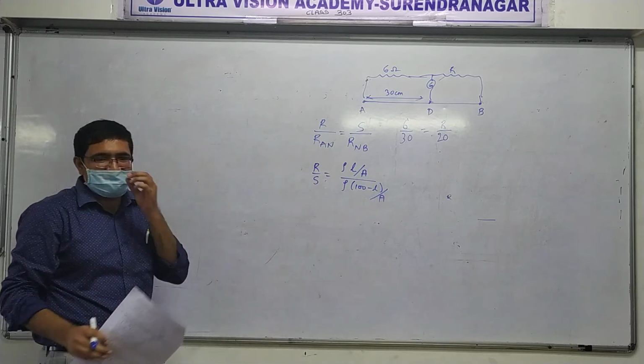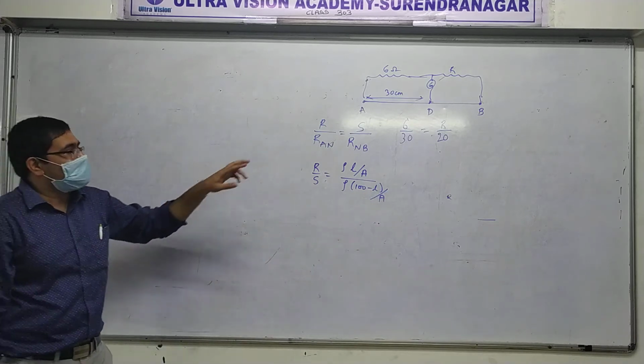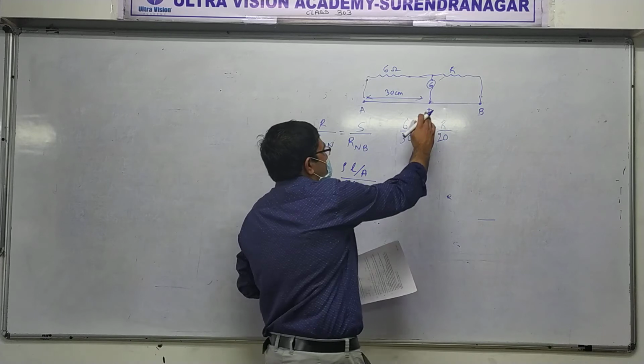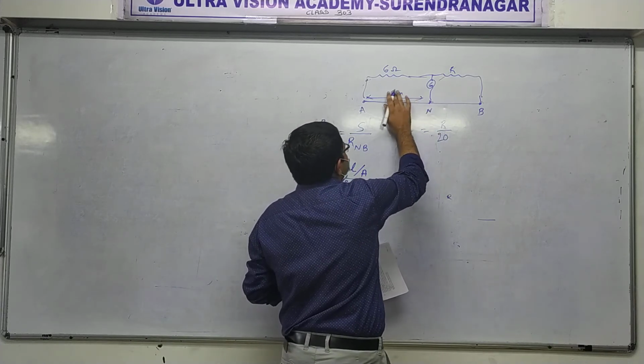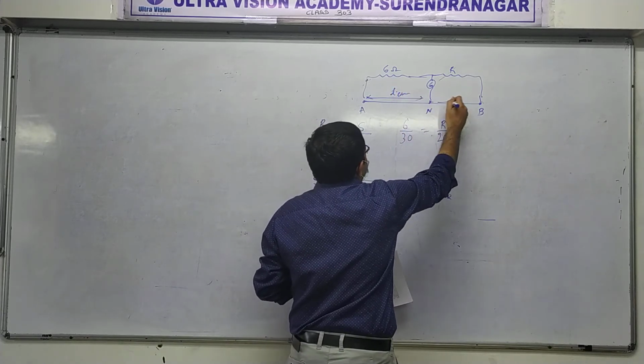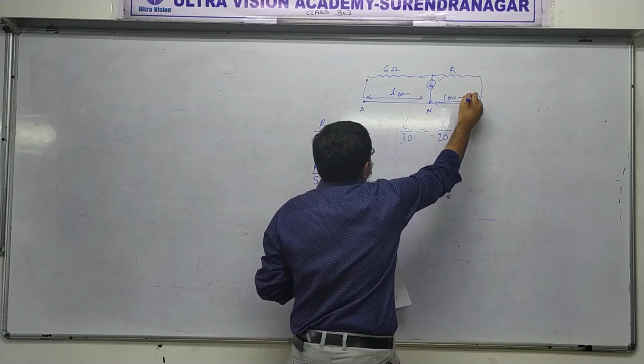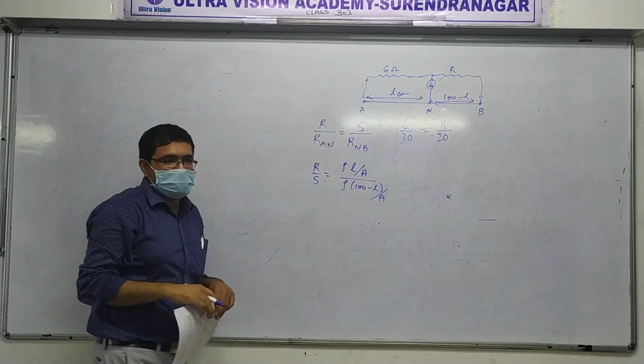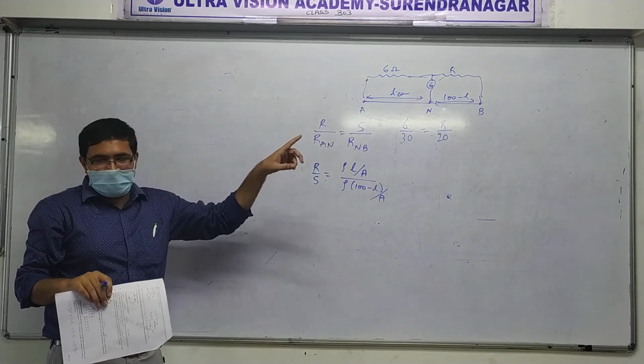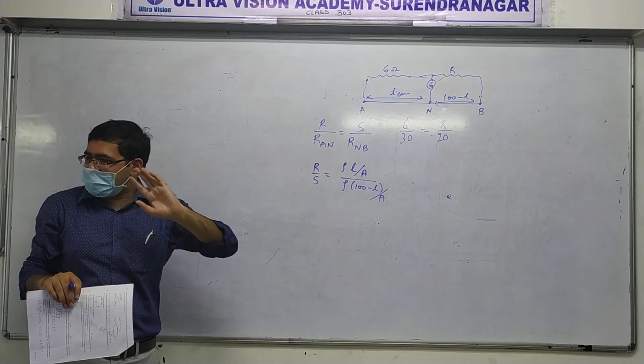Did you understand what I have written here? Let's say A to null point, the length is L centimeter. Then the remaining length will be 100 minus L. The resistance from A up to N is rho L by A.